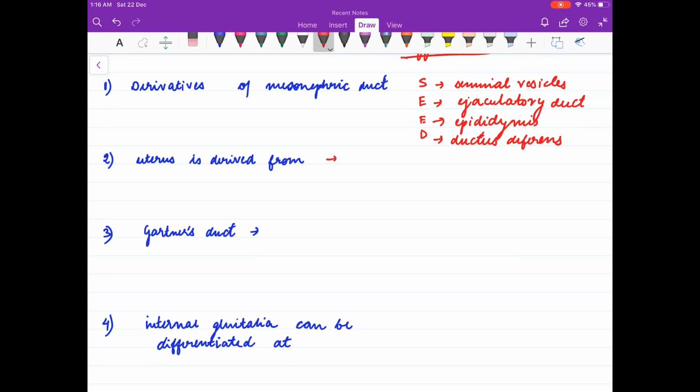Uterus is derived from Mullerian duct. Mullerian duct is also known as paramesonephric duct.